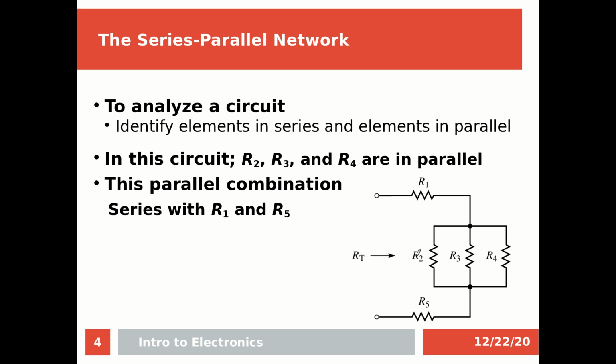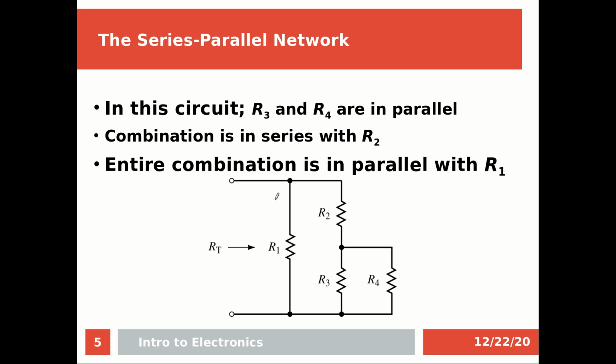Here you can see that R2, R3 and R4 are in parallel, so you can calculate the equivalent resistance RT. This parallel combination is in series with R1 and in series with R5. This is how we can deal with a complex circuit.